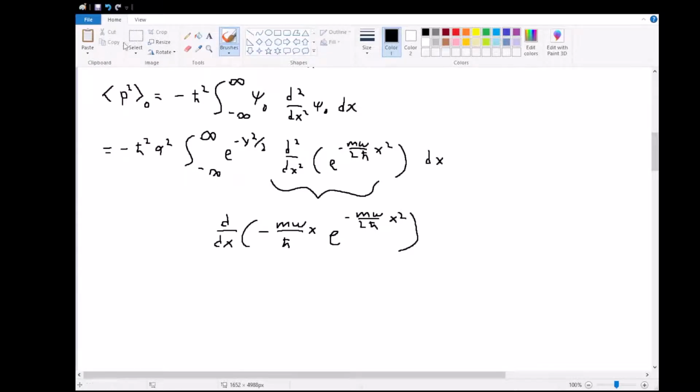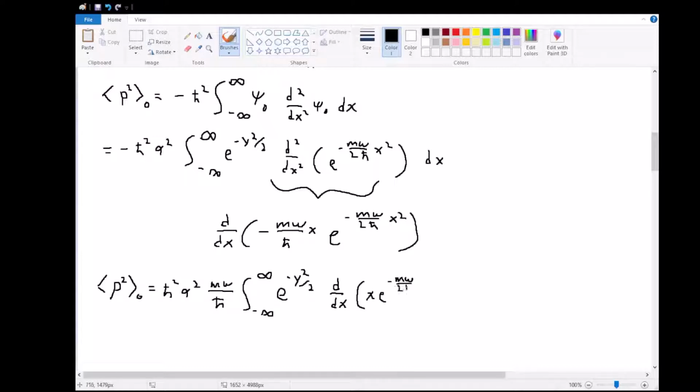So if we substitute this back into our integral, then we have the expectation value of p squared at psi naught is equal to, let's see, the two negatives make a positive, so we have h bar squared times alpha squared times m omega over h bar times the integral from negative infinity to infinity of e to the negative y squared over 2 times d by dx of x times e to the negative m omega over 2h bar times x squared multiplied by dx.